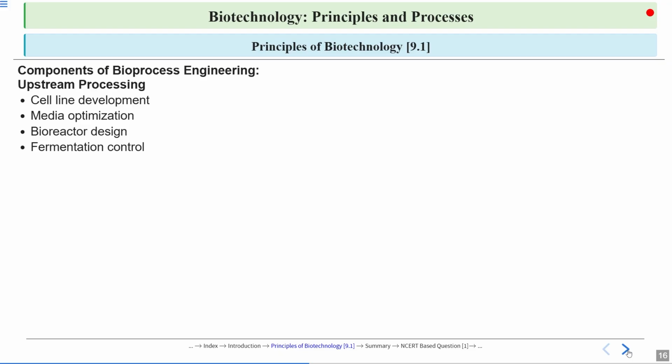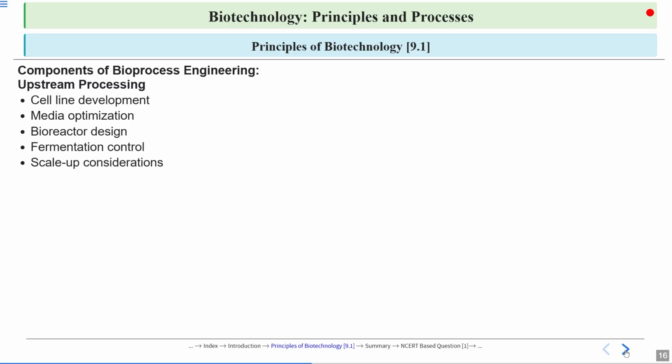Then fermentation control. We have to see what kind of environment, everything we have to control. In this upstream processing, we have to make sure that every parameter is optimized, because without this, we can make an undesirable product also. There could be some contamination or something like that, so we have to make sure that all these processes are proper and appropriate. Then scale up considerations.